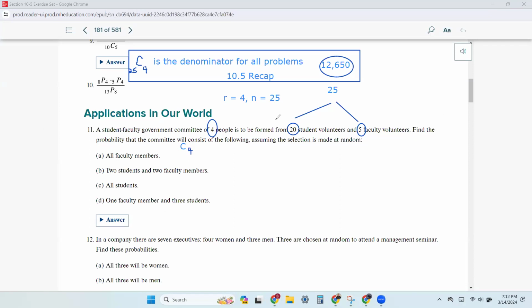How many faculty volunteers are there? There are 5. So that part right there is the numerator. The denominator is 12,650.